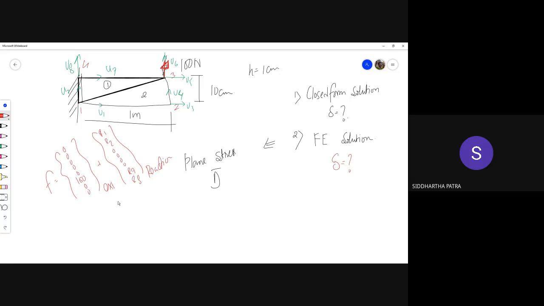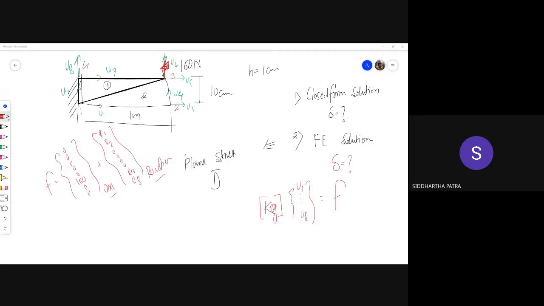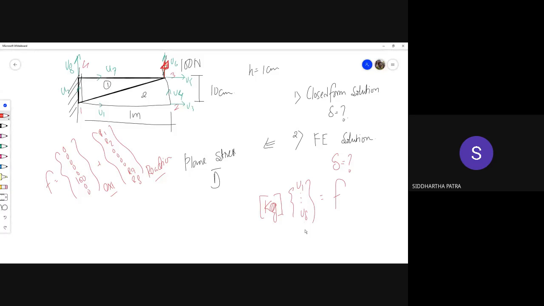One is coming from the external source, the other ones are the reactions. On the left hand side you have the element stiffness matrices assembled into the global matrix, times the U hat vector, which goes from U1 to U8, equals F. From that, try to get the solution for the unknown degrees of freedom, that is U2, U3, U4, U5, and U6, and the unknown reaction forces.